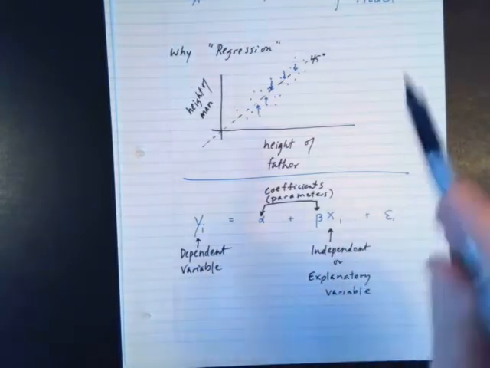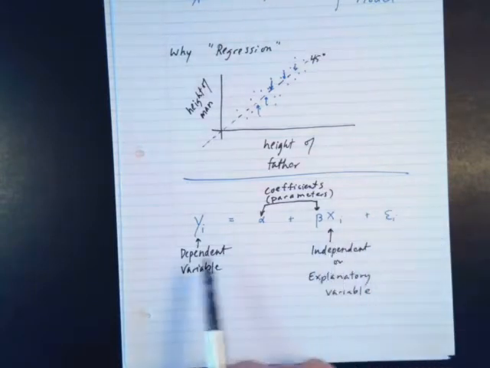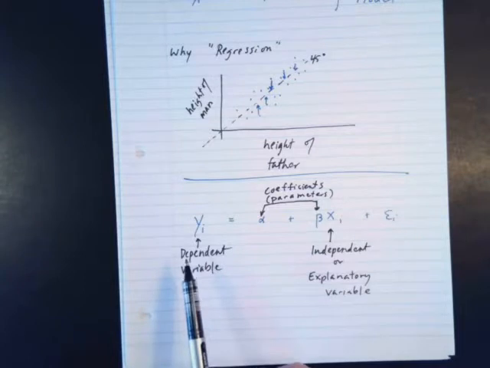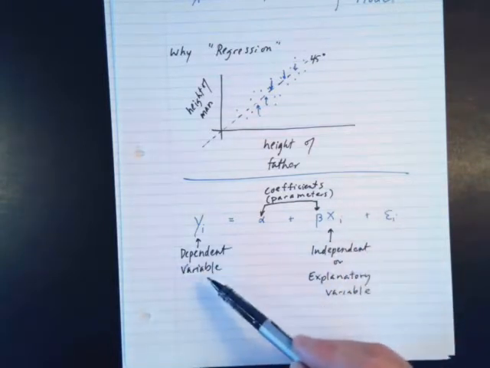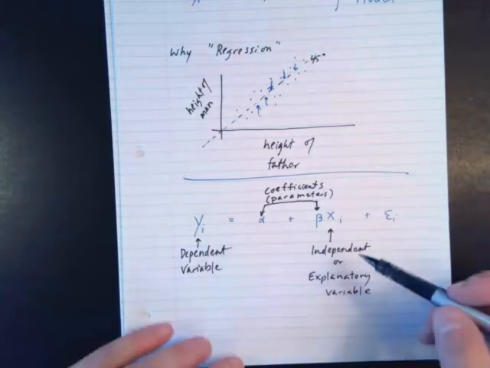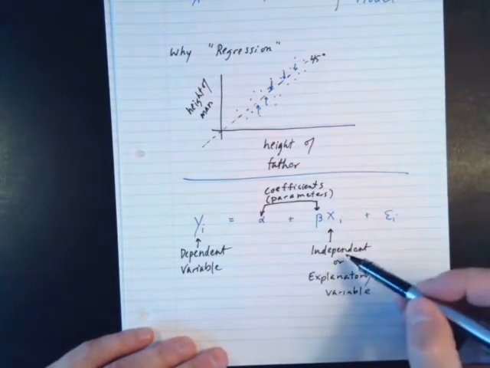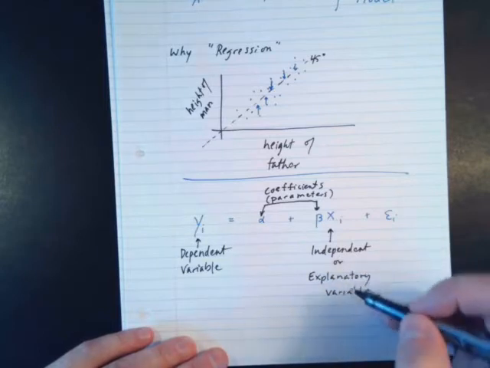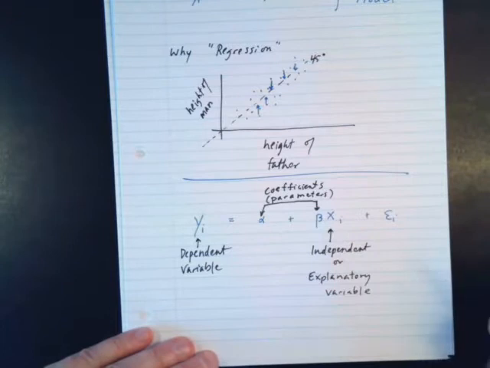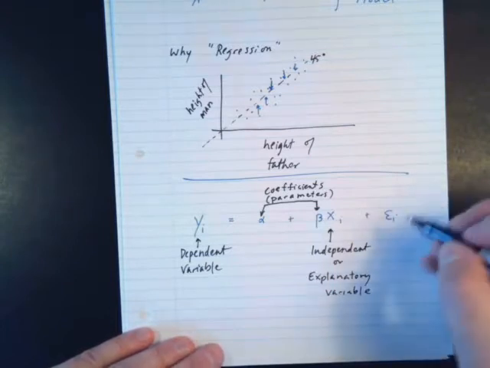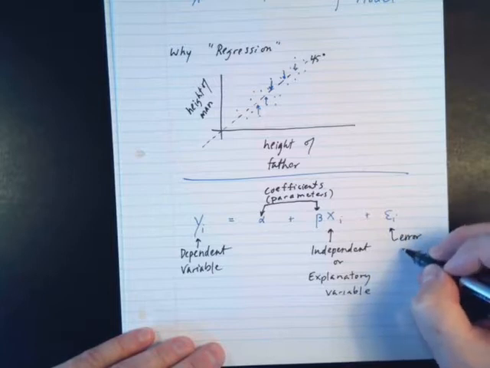We got data on the output of the utilities. The cost depends on the output. And so the independent variable helps explain the dependent variable. So we'll use these terms interchangeably. Explanatory variable meaning we're going to use X to explain the changes in Y. And then we have the error term.